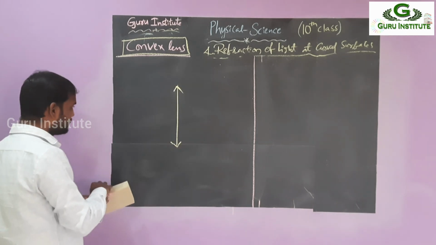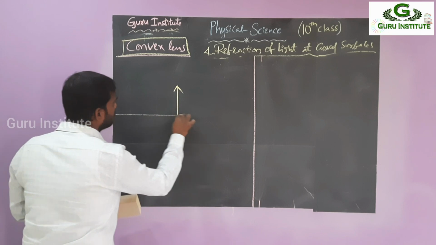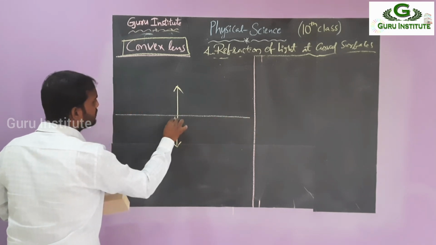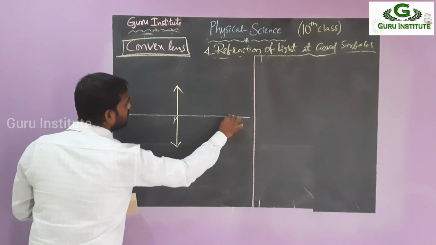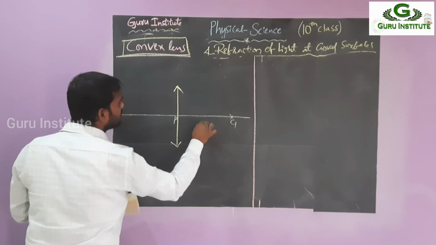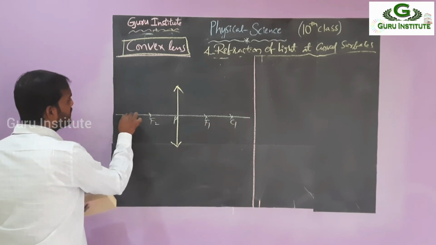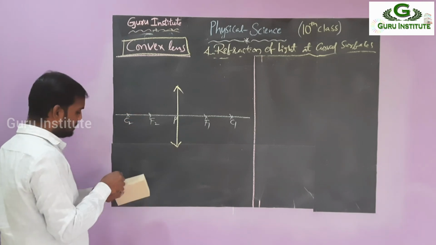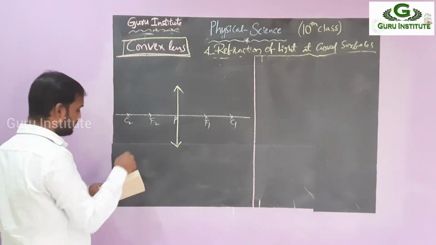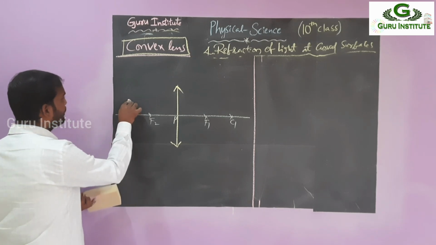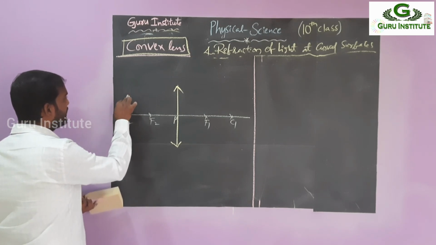This is at C. Principal axis, pole, center of curvature, focus, and center of curvature. Okay, right? So first we have to draw the center, then the focus. So next, at C, this is the object I am taking at C.